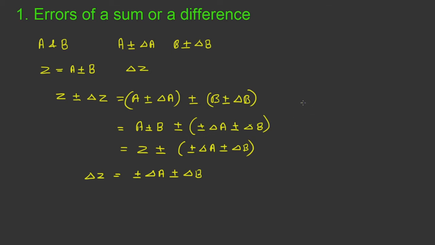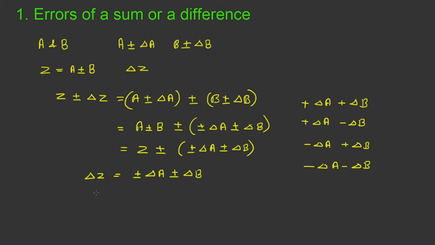They are plus delta A plus delta B, plus delta A minus delta B, minus delta A plus delta B, minus delta A minus delta B.